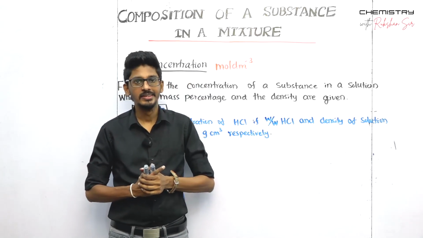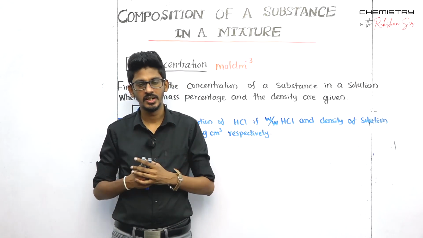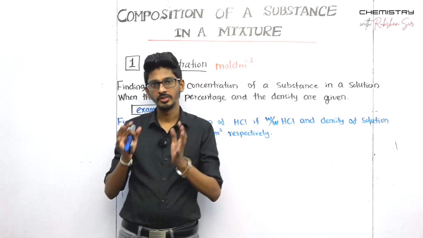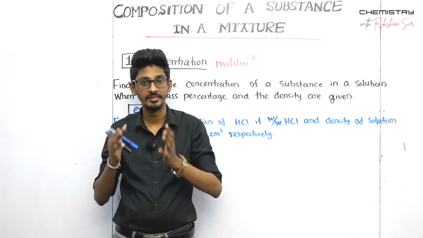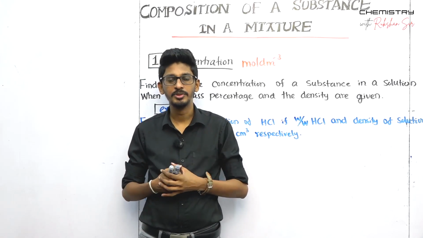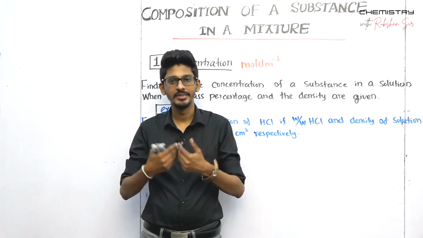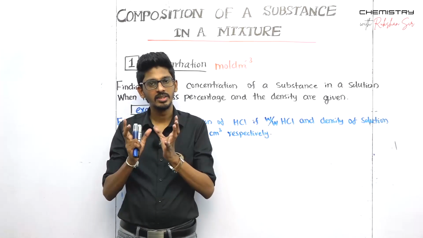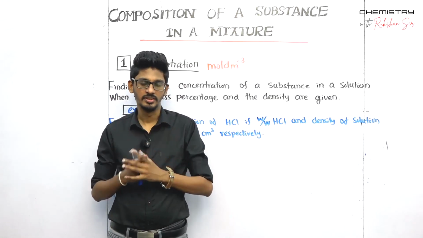Let's discuss another very important type of calculation regarding concentration. Normally, in concentrated HCl or HNO3 kind of concentrated acid bottles, they will give you the composition not in the straightforward manner as concentration, but in terms of density and the weight percentages.